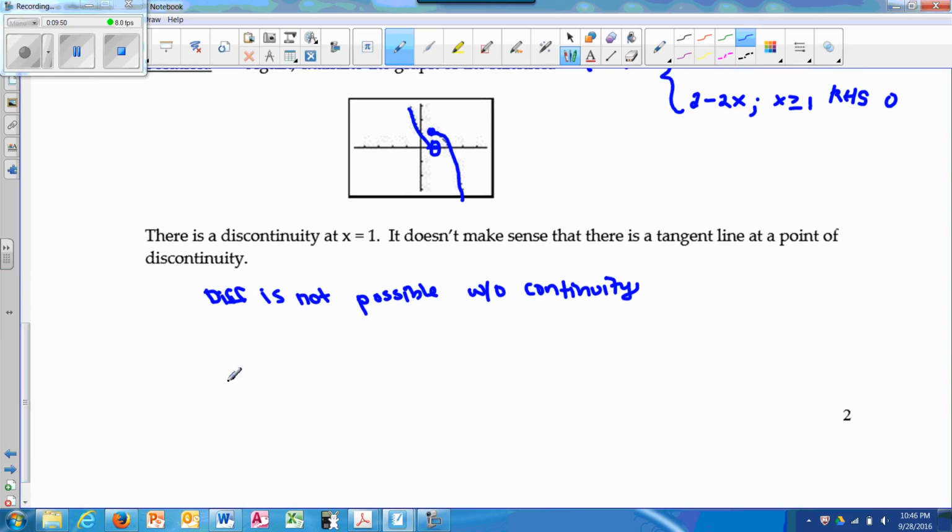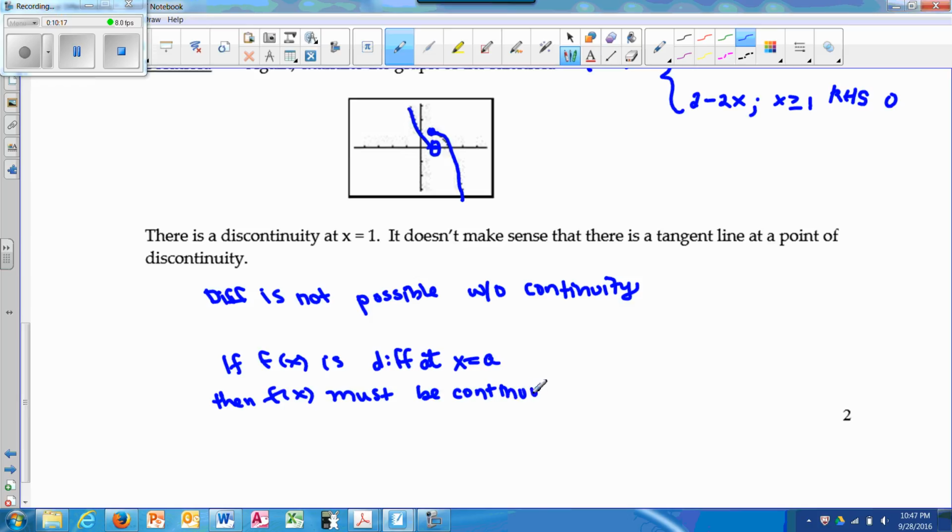There's another slightly tricky thing about this that confuses people frequently. If f of x is differentiable at x equals a, then f of x must be continuous at x equals a. This is not true in reverse.